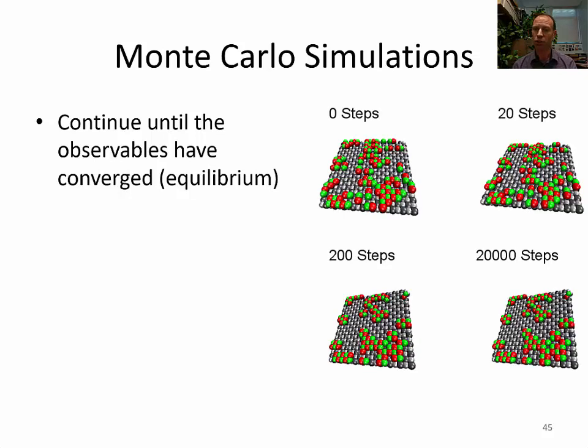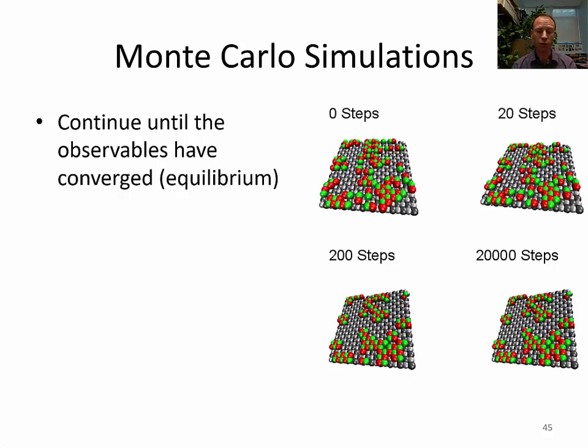So these are snapshots from some Monte Carlo simulations. We can see between 0 steps and 20 steps things have changed a little bit, but then when we get to 220,000 steps we can see there aren't that many changes. So by this stage our observables in terms of, for example, size of islands on the surface have probably converged.